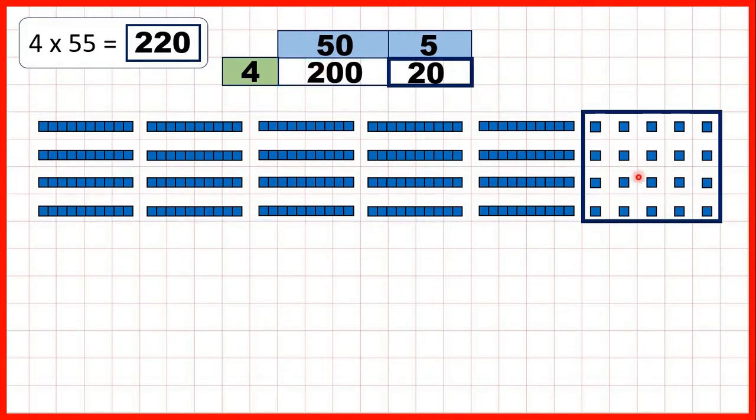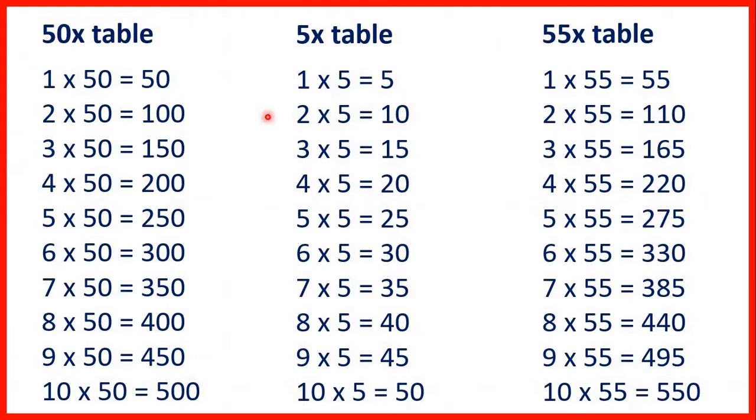And we have 20 here, because 4 times 5 is 20. So it's important to understand that if we know our 50 times table and our 5 times table, we can work out our 55 times table. 50 times plus 5 times will equal 55 times.